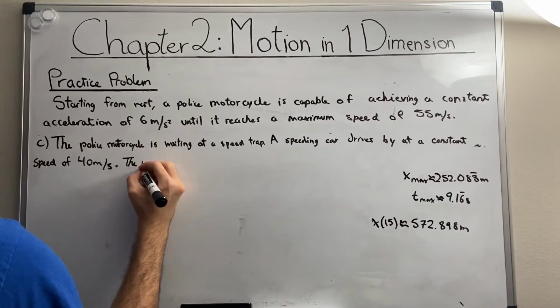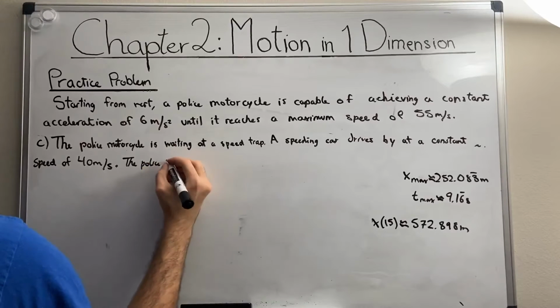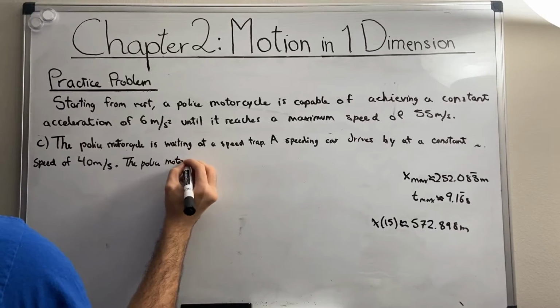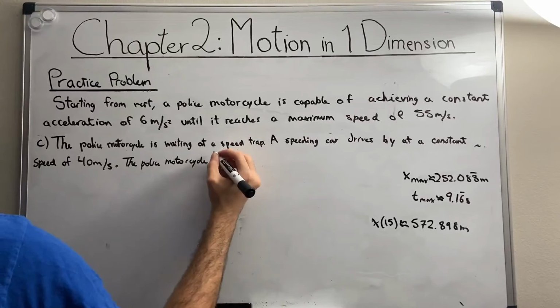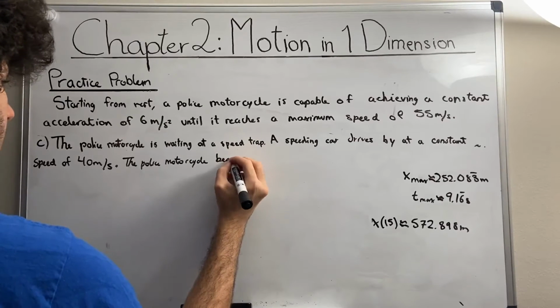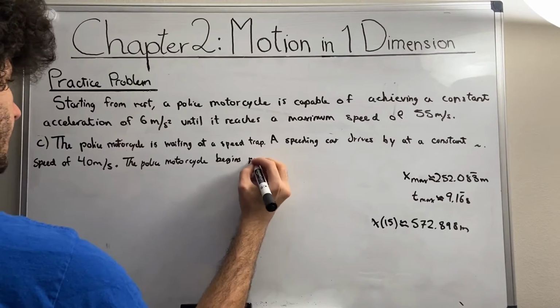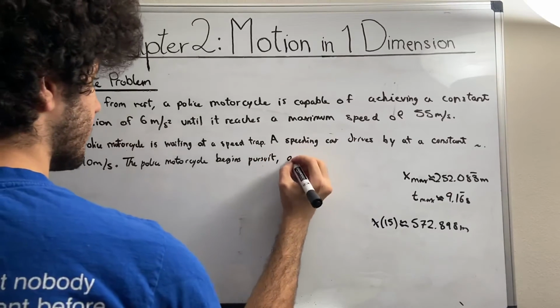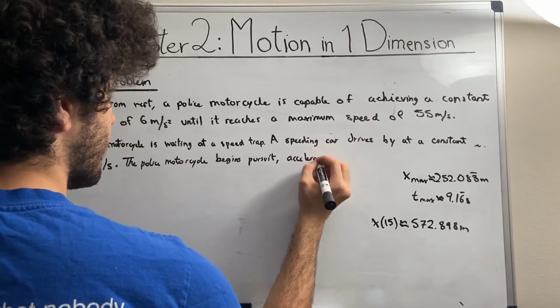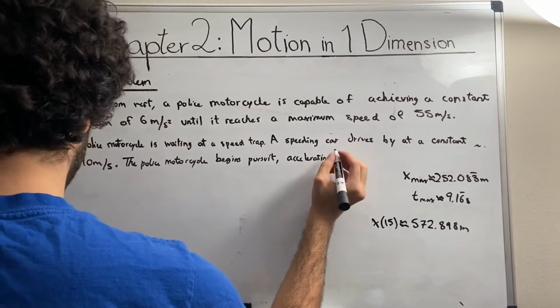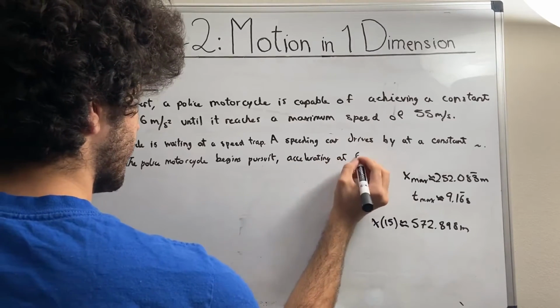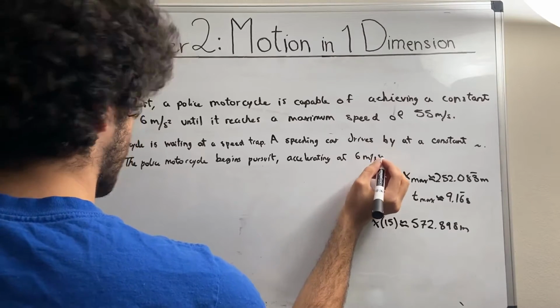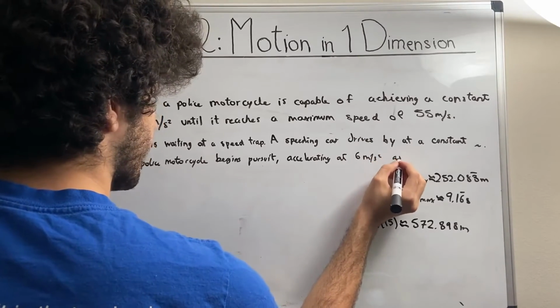The police motorcycle begins pursuit accelerating at 6 meters per second squared as before.